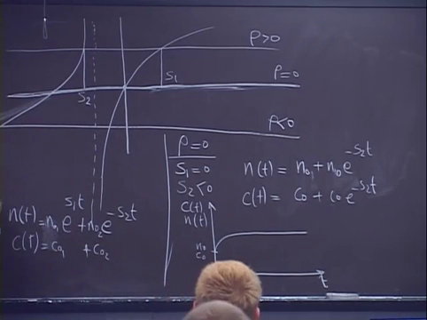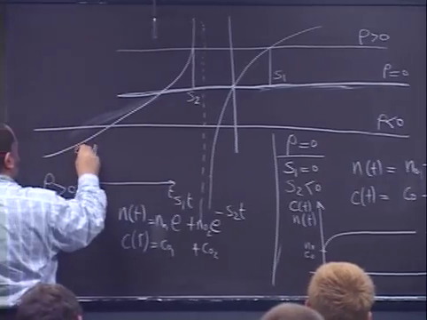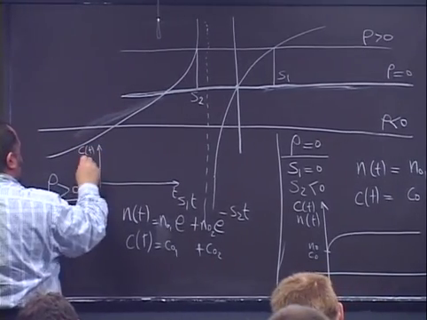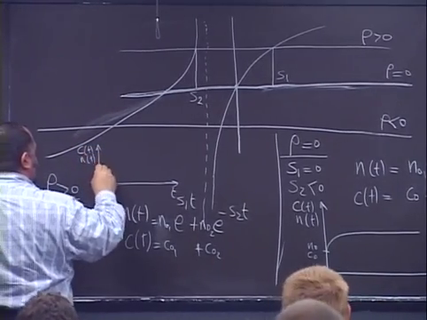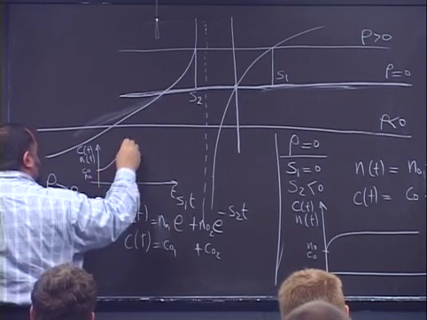While in this case, if you plot C of t and N of t, and you started from here, C naught or N naught, you will have something like this.